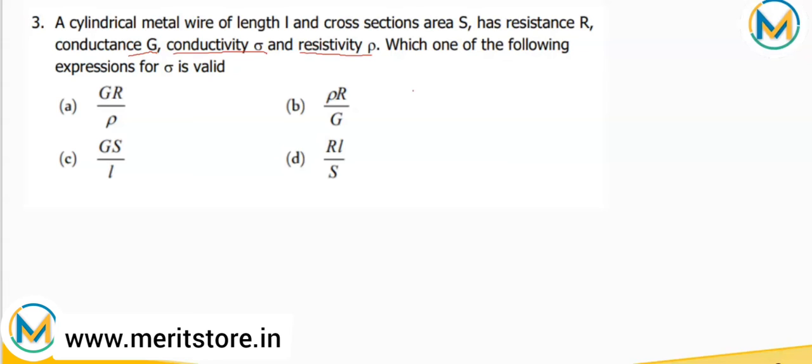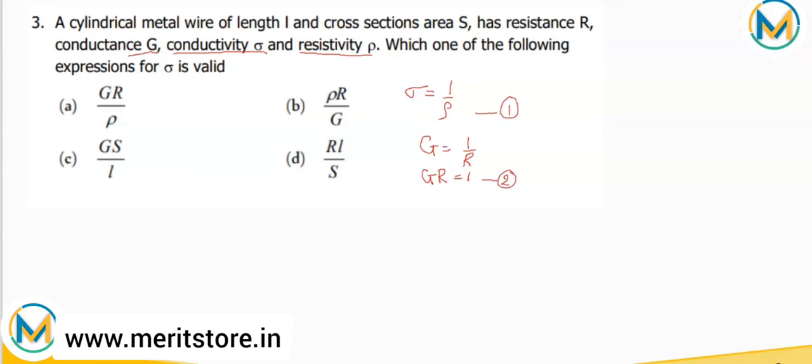Now since we know that sigma equals 1 upon rho, take it as equation number 1. Then we also know that conductance G equals 1 upon R. If I put R over here, I get GR equals 1. Take this as equation number 2.